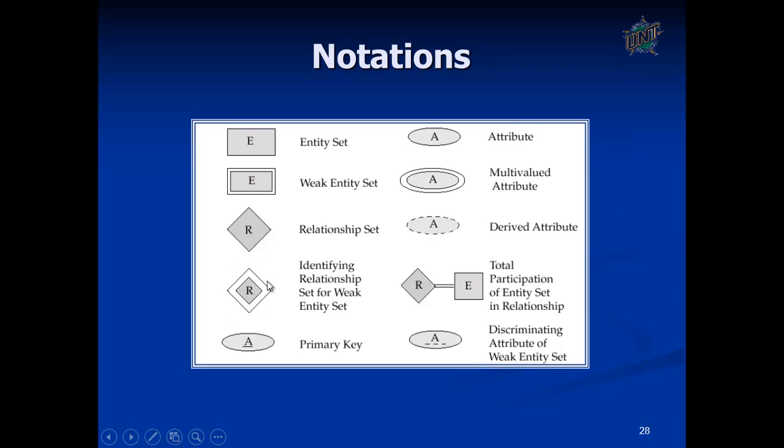A double diamond box is used to identify the relationship set for a weak entity set. If we want to present any attribute, then we use a simple oval, and the primary key is underlined. A derived attribute is represented by a dashed circle, and if we represent total participation of an entity set, then double lines are used, and for the discriminating attribute of a weak entity set, a dashed line is used.